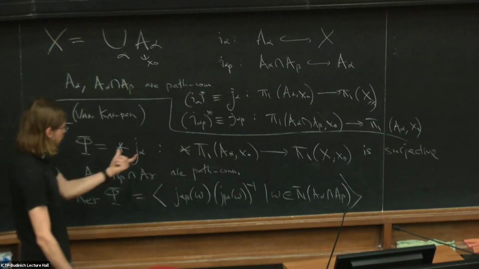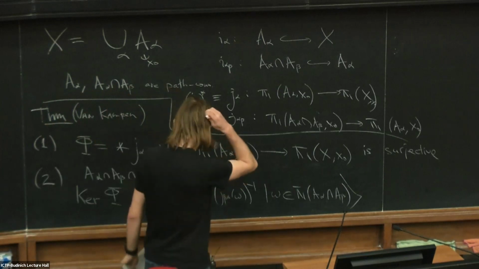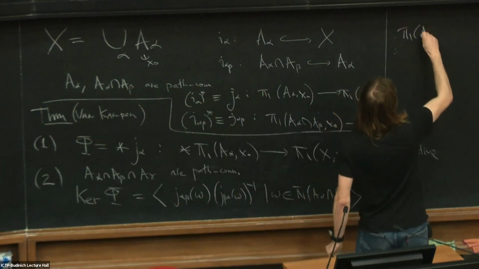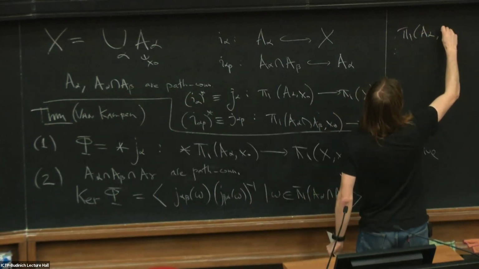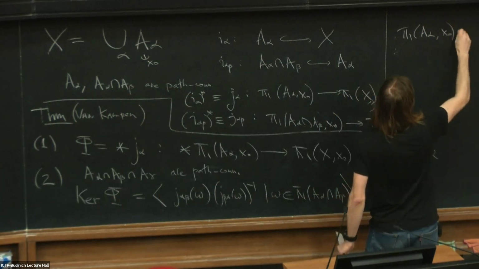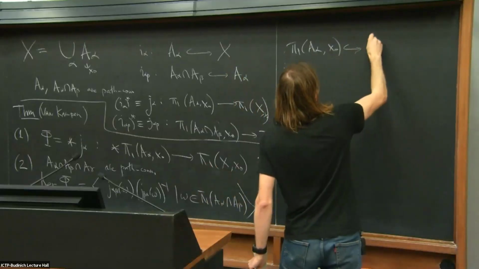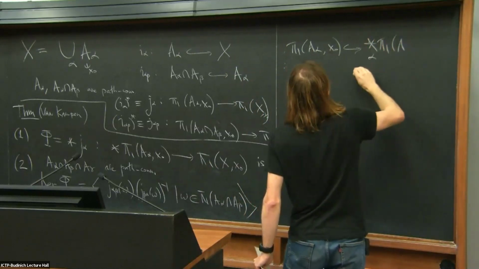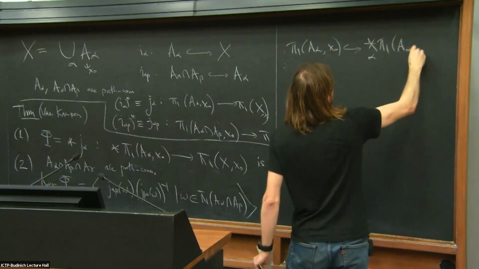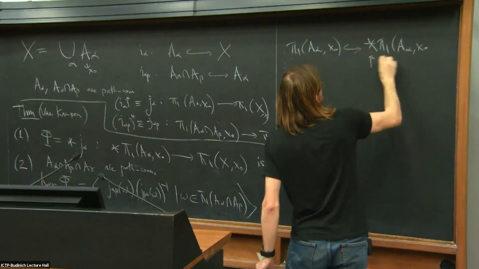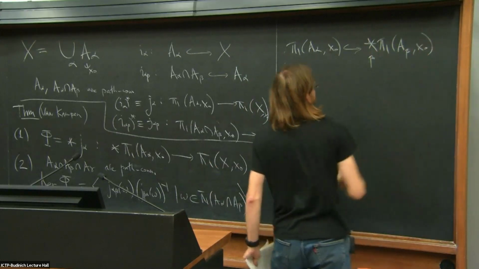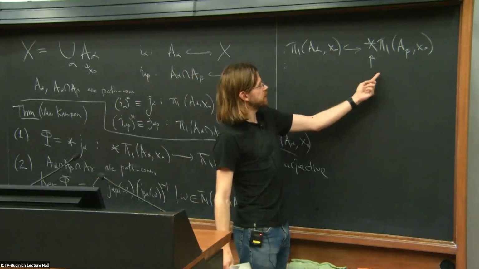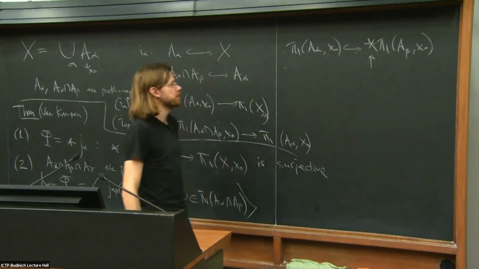There is a canonical inclusion of pi1 of A alpha into the free product, by considering, for example, a word with a single element.